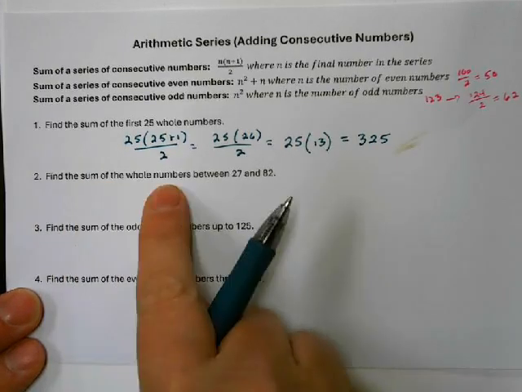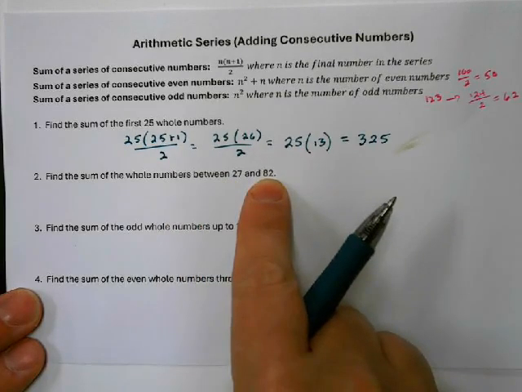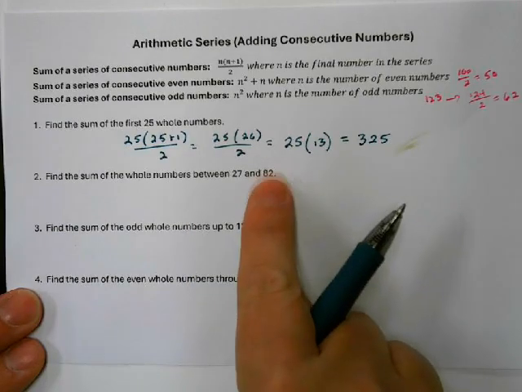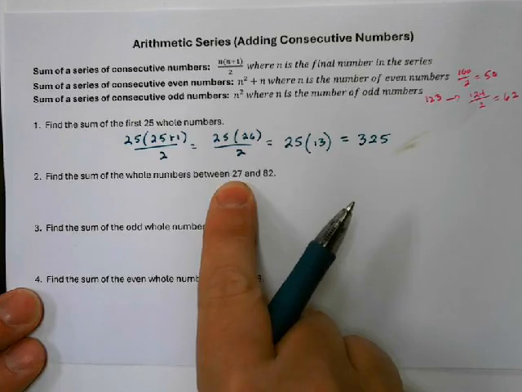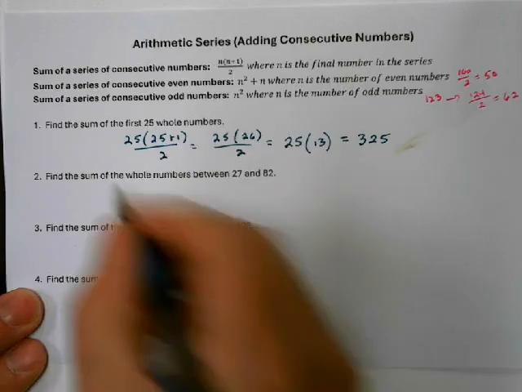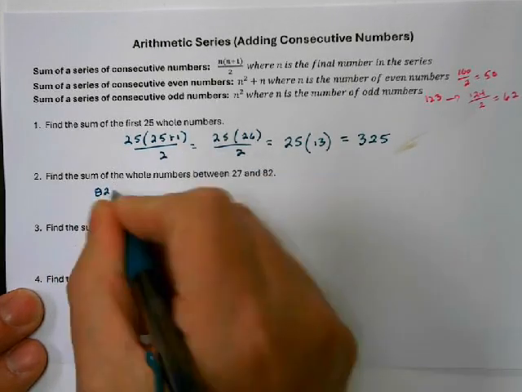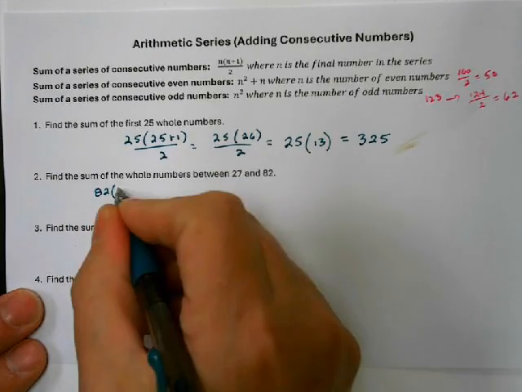What if we want the sum of the whole numbers between 27 and 82? So in this one, what you can do is find the sum of the whole numbers through 82, and then the sum of the whole numbers up to 27, and then subtract the two. So I'm going to start with 82, and then we would do 82 plus 1, so 83.